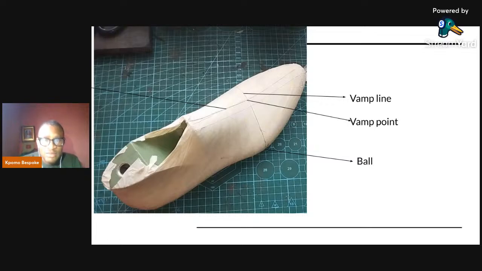So let's say the last length of this last was, okay, let's use something that can divide easily, 24. The last length of this last is obviously not 24, but let's say it is 24. 24 divided by 4 will be 6. That means from the vamp point, you measure 6 cm on this line to get the instep.